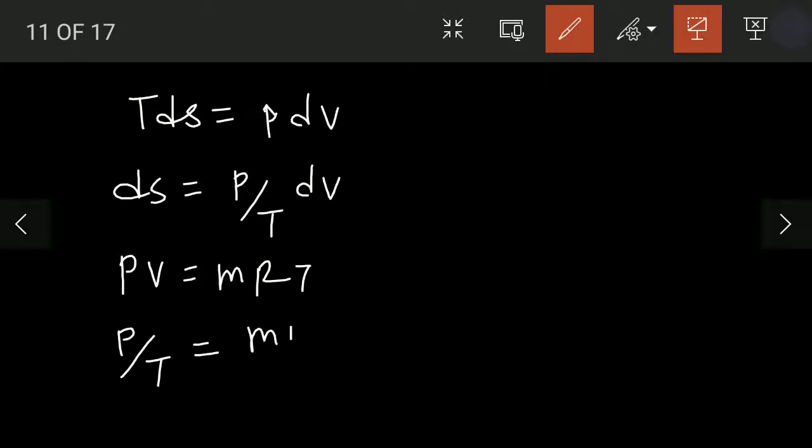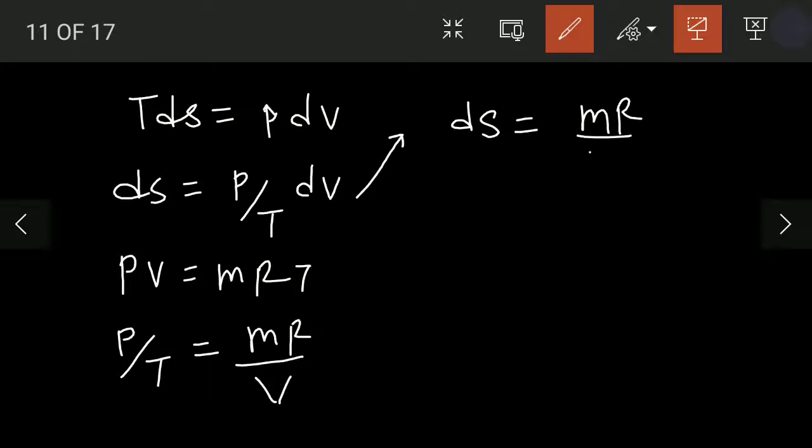According to the ideal gas equation, PV is equal to mRT, so P by T is equal to mR by V. So this equation I can write again: dS is equal to, instead of P by T, mR by V into dV. Now integrate it.